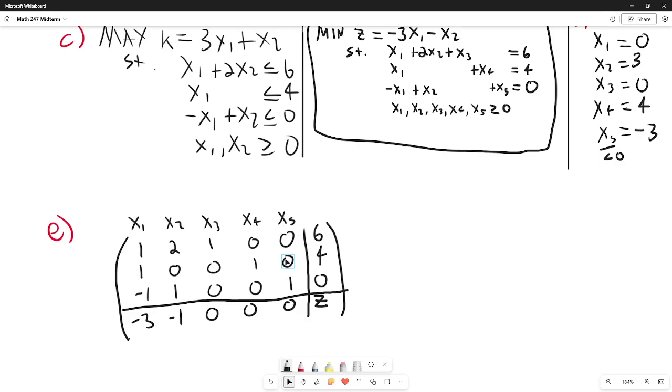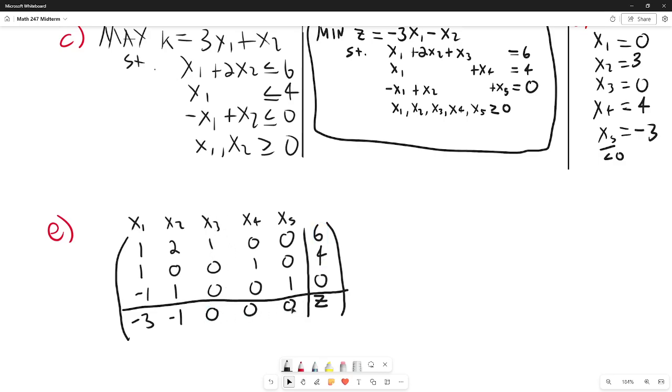And so for this tableau to be in a feasible canonical form, for us to get a solution, we need to have a 3x3 identity matrix somewhere within this tableau.